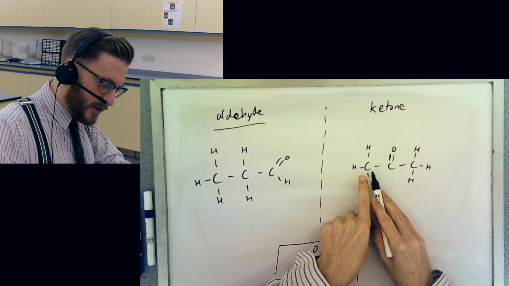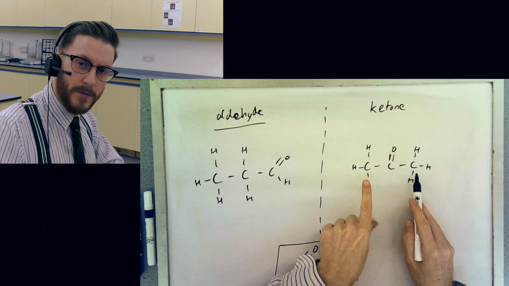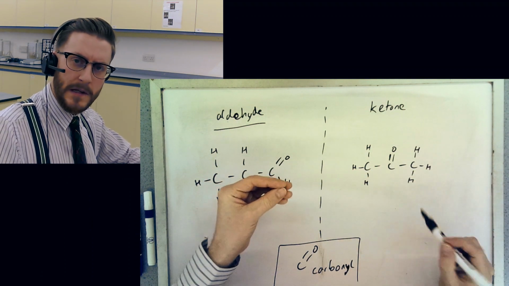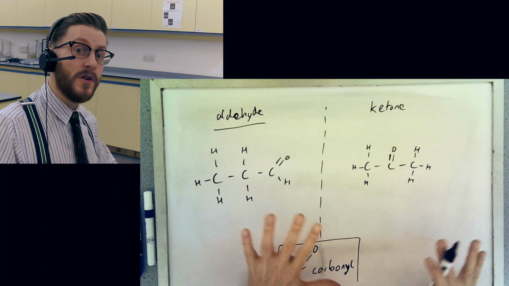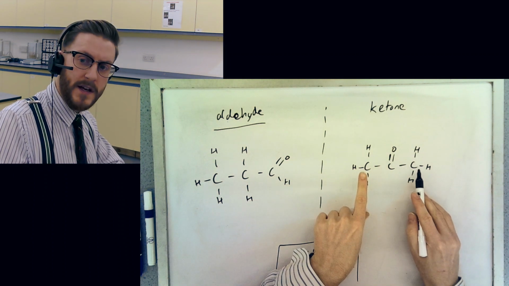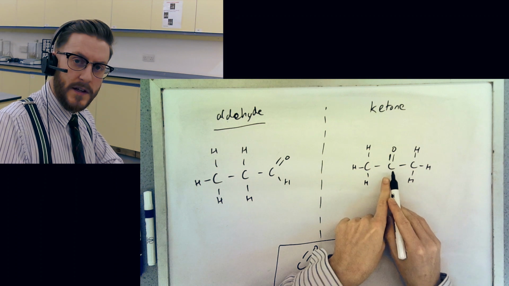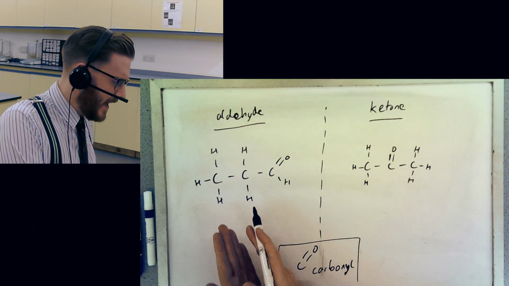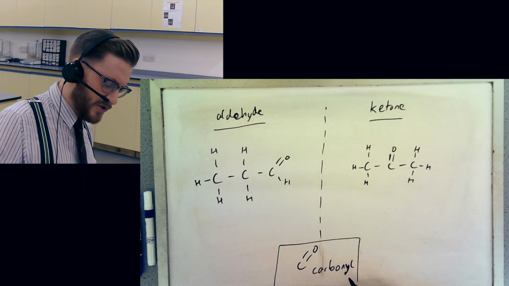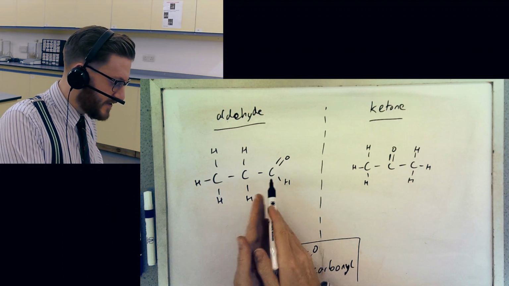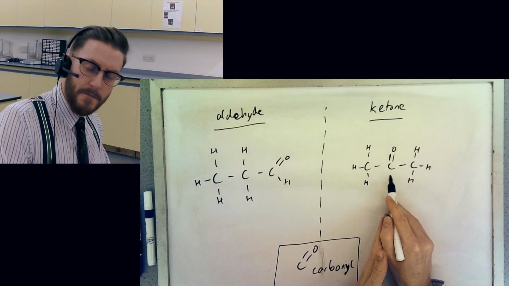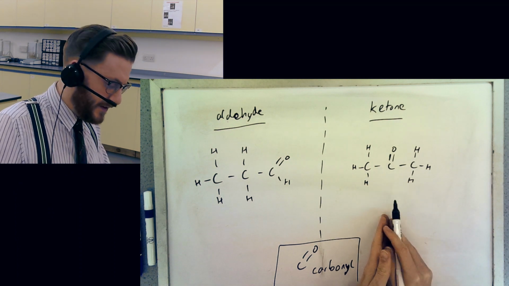I've only drawn a very little ketone here with 3 carbons, but it doesn't matter how long it is, as long as it's any one of the middle carbons, basically any that's not a terminal carbon. As long as it's not on the ends, it's a ketone. So that's how I know if I have an aldehyde or a ketone: the position of the carbonyl. My aldehyde's always on the terminal carbons, and my ketone has the carbonyl on any of the middle carbons.